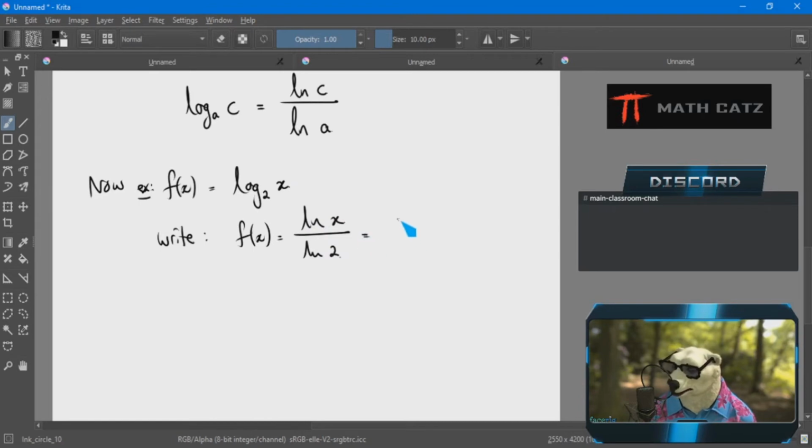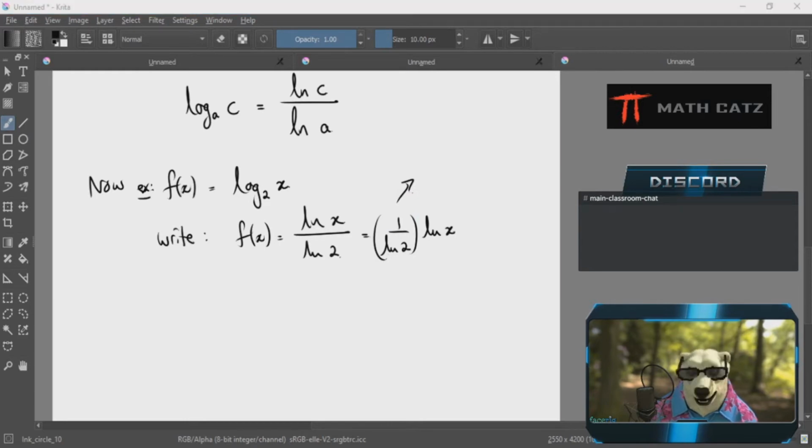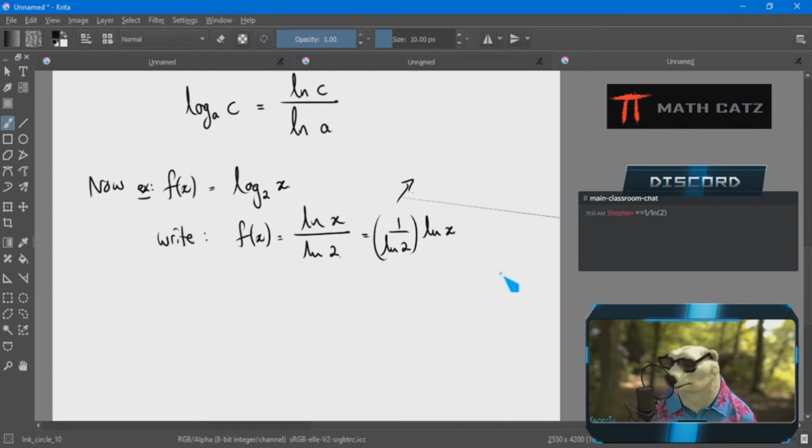But notice what this is. The log of 2 is just a number. So what I have here is some number, let's calculate it, times natural log of x. Let's calculate it. 1 over ln of 2, come on, MathBot, 1.44. Yes, it continues forever, which is why I don't write the decimal number.